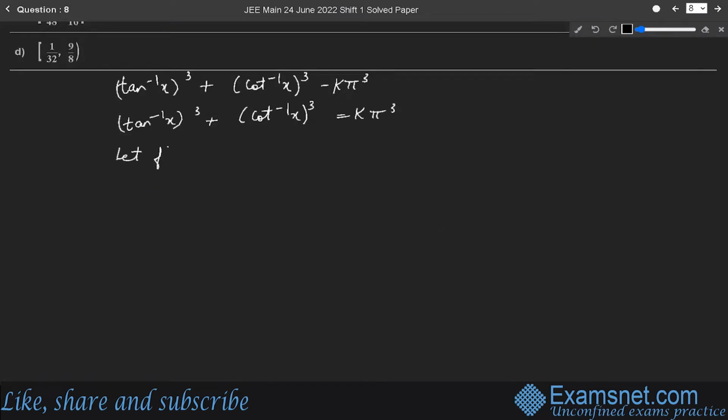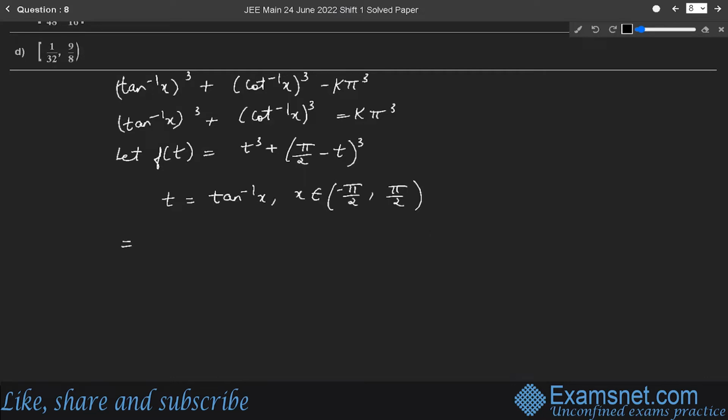Let f of t be equal to t cube plus (pi by 2 minus t) cube, where t is equal to tan inverse x and t belongs to minus pi by 2 to plus pi by 2. Therefore, it will be equal to t cube plus pi by 2 cube minus 3 pi square t divided by 4 plus 3 pi t square divided by 2 minus t cube.